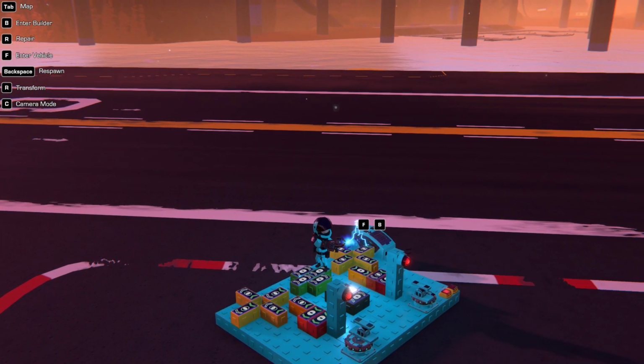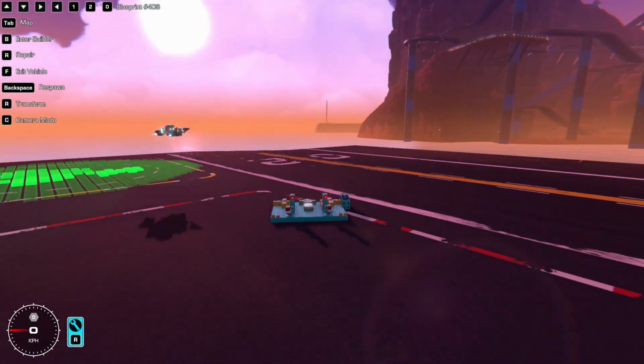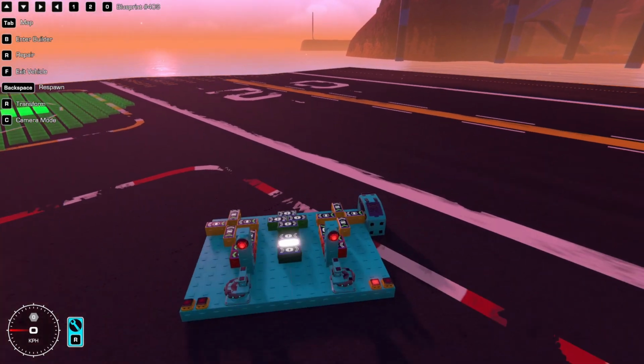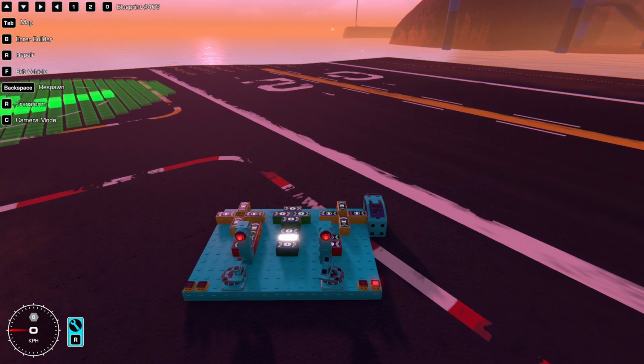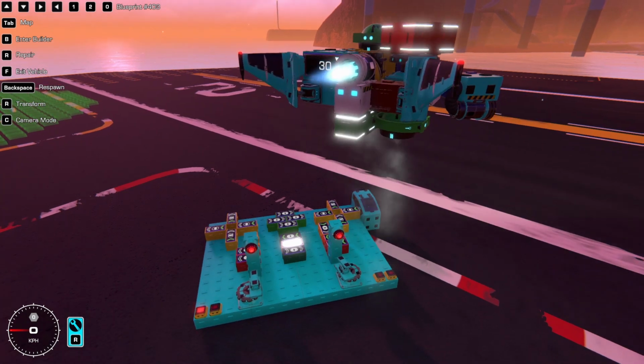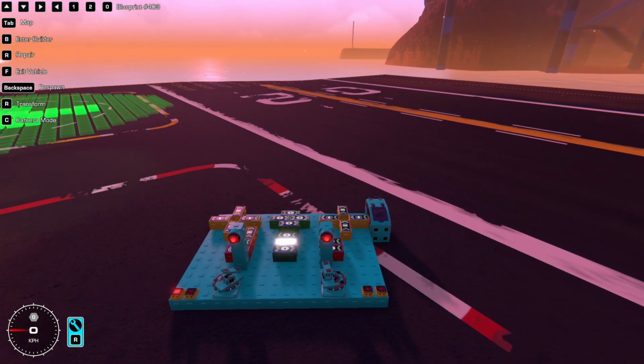And with the arrow keys, as you can see, I am able to control the turret. Then once I press 2, it switches control, still with the arrow keys, to the other turret.